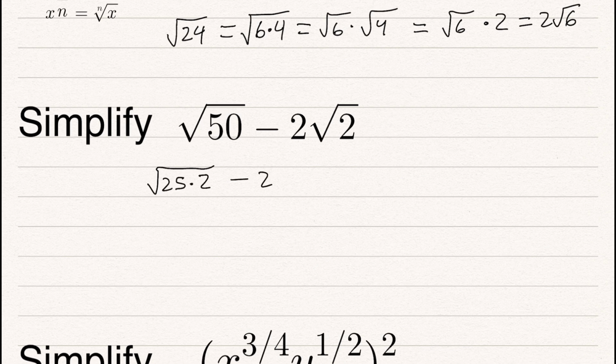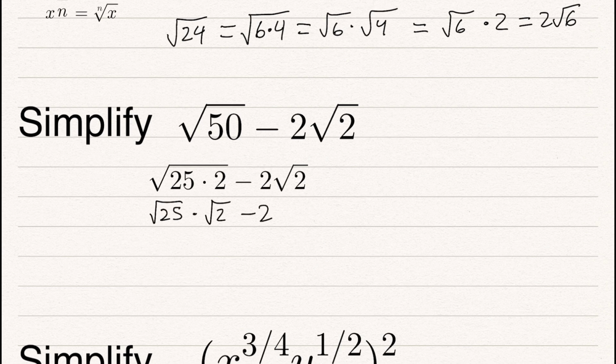And then we'll bring down 2 root 2. So now we could split that into two separate radicals. The square root of 25 times the square root of 2 minus 2 times the square root of 2. So now the square root of 25 becomes 5 square root 2 minus 2 square root 2.